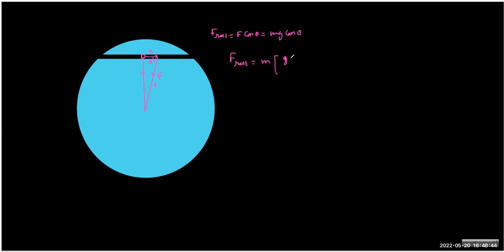Yes, sir. g is always the g at that location. In general, the formula is g on the surface times r by capital R, if you remember the answer. But what you can see, again interesting, is that the r cos theta itself is x. So no matter which tunnel you choose, the omega square will be the same, right?